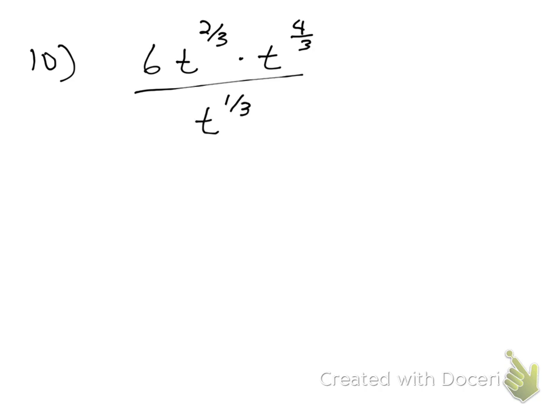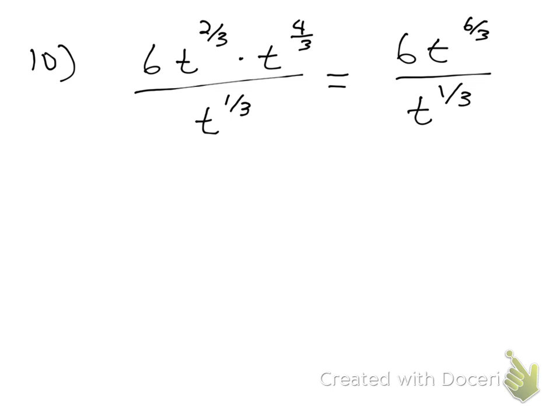Number 10. I got 6 times t to the 2/3 times t to the 4/3 over t to the 1/3. So that would be 6t to the 6/3 over t to the 1/3.